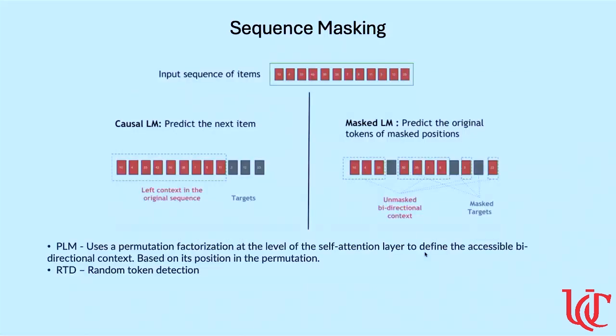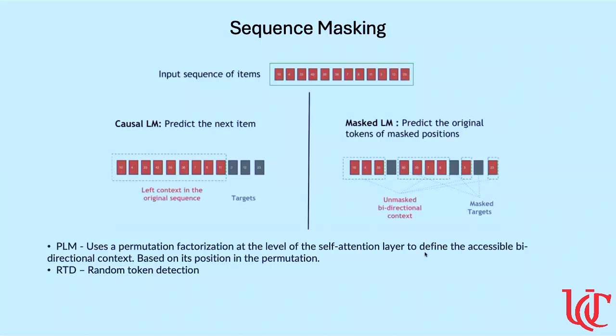Okay, the next step after your interaction embedding is the sequence masking. Masking in general is a fairly common technique for training transformer architectures. The way it works is that you have a particular input sequence. A customer has interacted with product 10, product 4, product 33, 42, 50, and so on.